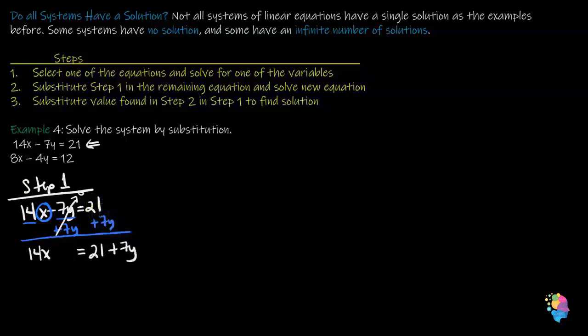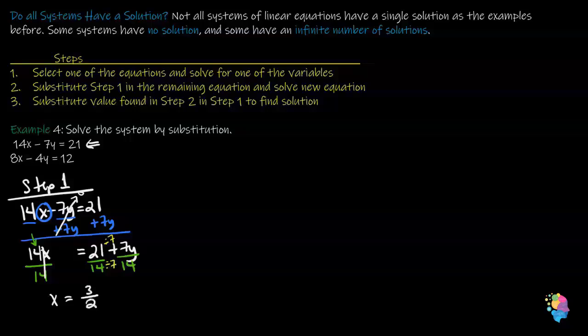Now, because this x is being multiplied by 14, every single one of these terms is going to be divided by 14. Very carefully here. 14 divided by 14 will be 1x, or just x, equals, well, 21 cannot be divided by 14 evenly, but they both can be divided by 7. They can be simplified by 7. So that will give me 3 over 2.